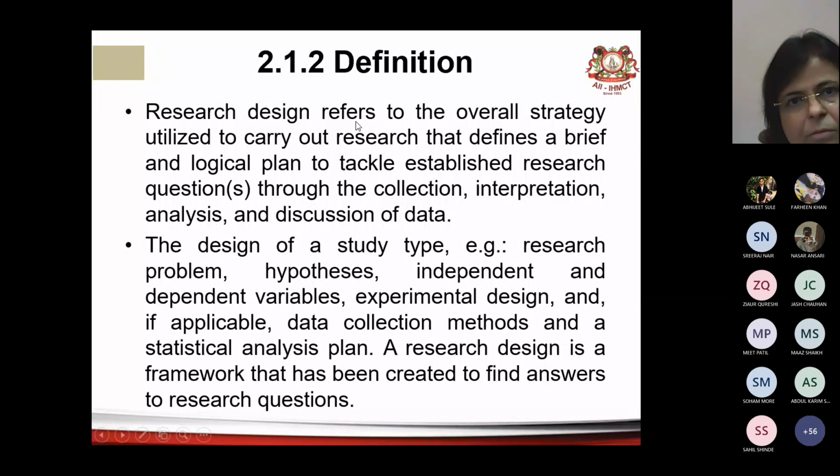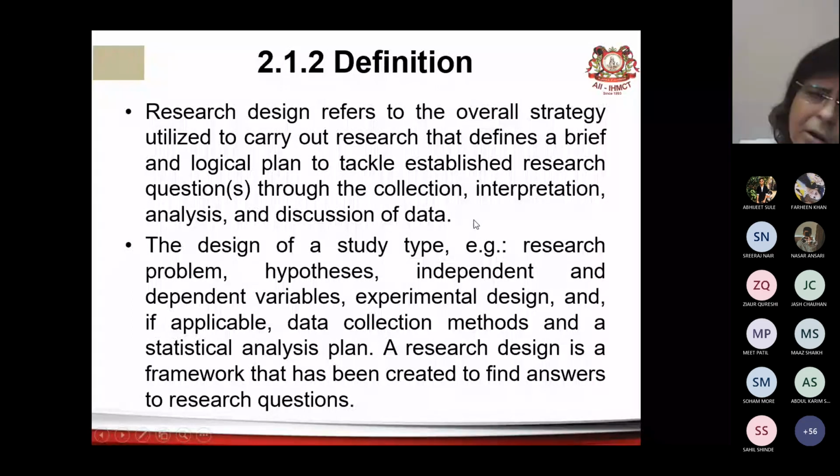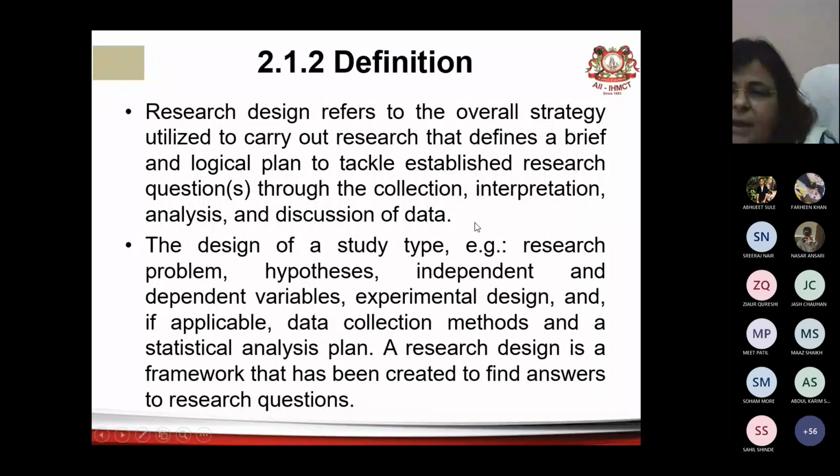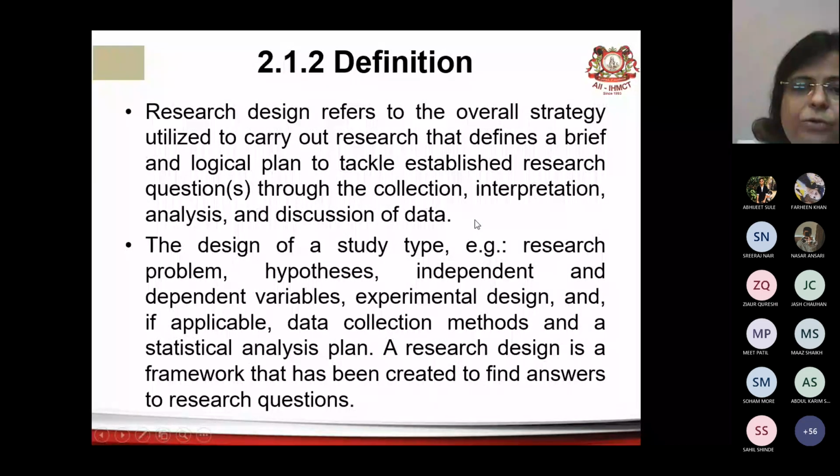This is secondary data. And in secondary data, to avoid plagiarism, I told you, you will have to give credit to the person from whose books, journal, website you have taken the data. So coming back to the design, research design refers to the overall strategy utilized to carry out research that defines a brief and logical plan to tackle and establish research questions through the collection, interpretation, analysis, and discussion of data.